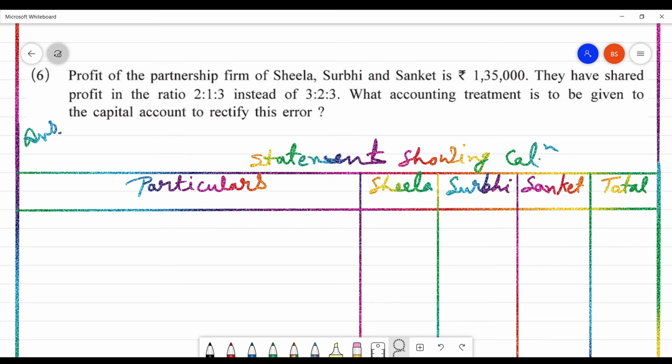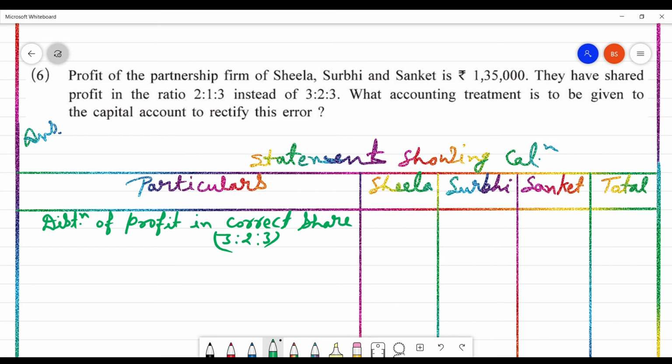So, first of all, we will distribute profit in correct share, and correct share is 3:2:3.